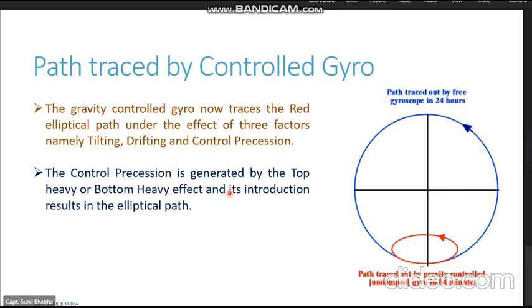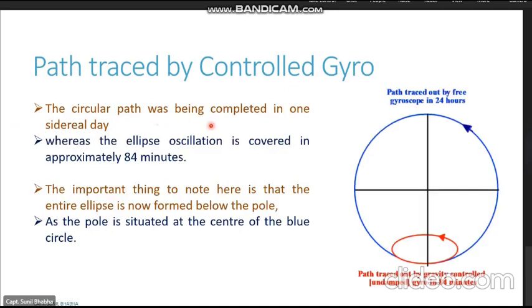The control precession is generated by the top heavy or bottom heavy effect, and its introduction results in the spin axis tracing an elliptical path. The circular path was being completed in one sidereal day, whereas the ellipse oscillation is covered in approximately 84 minutes.